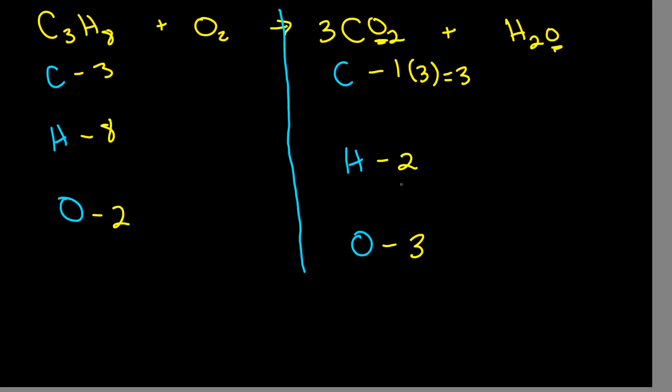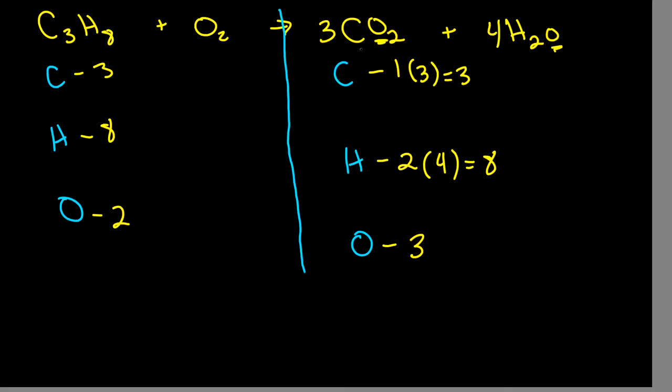So let's do our hydrogen next. I have 8 hydrogen. I have 2 hydrogen. Well, 2 goes into 8 four times. So if I multiply this side by 4, I'll get that 8. So I multiply my water by 4. 4 times 2 is 8. This side has 8, so now my hydrogens seem to be okay.